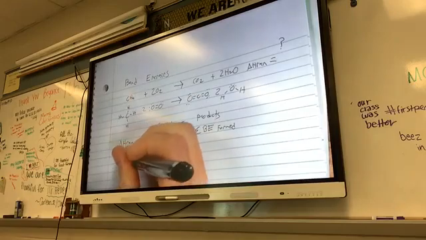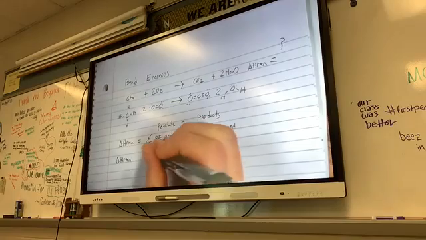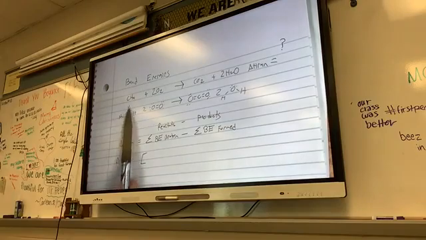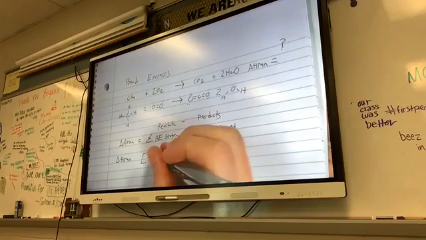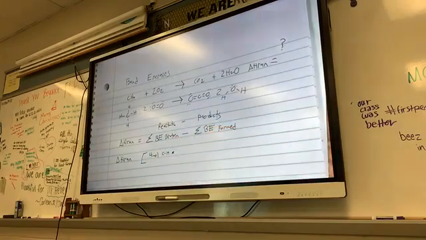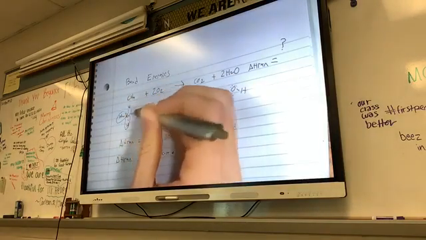So delta H of this reaction is going to be how many CH bonds am I breaking? I got 4 moles of C to H single bond, right? Do you guys see how I'm breaking 1, 2, 3, 4 of those?